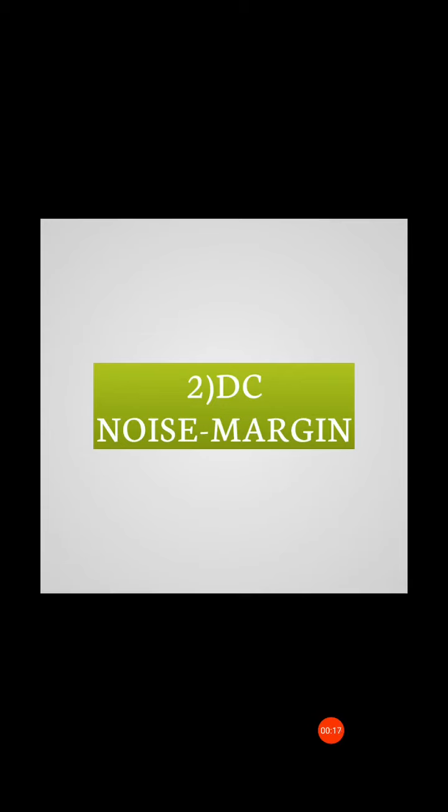In general, when driving other CMOS inputs, the CMOS outputs have better noise margins. So that is regarding DC noise margin.